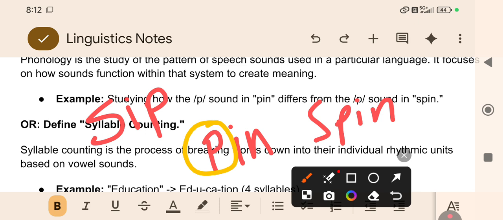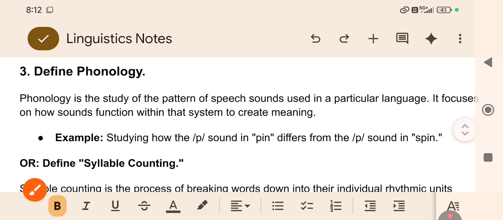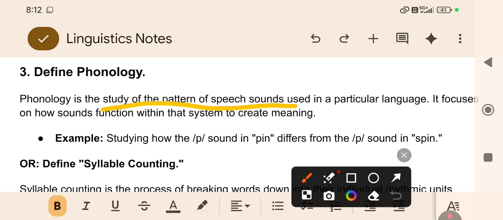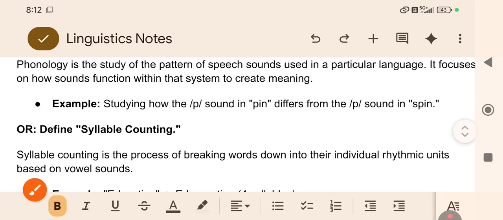So this study is called phonology, where we study patterns of speech sounds used in a particular language. So primary P, middle P, and final P. This study is called phonology.